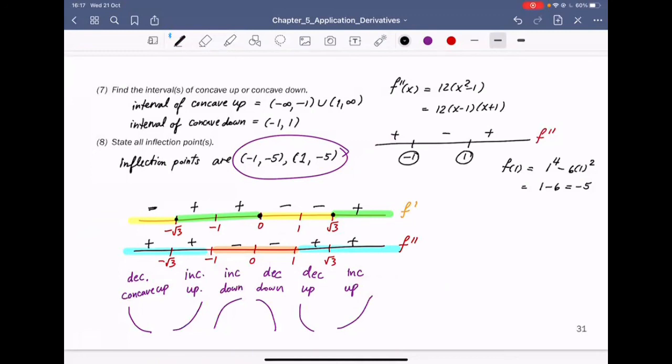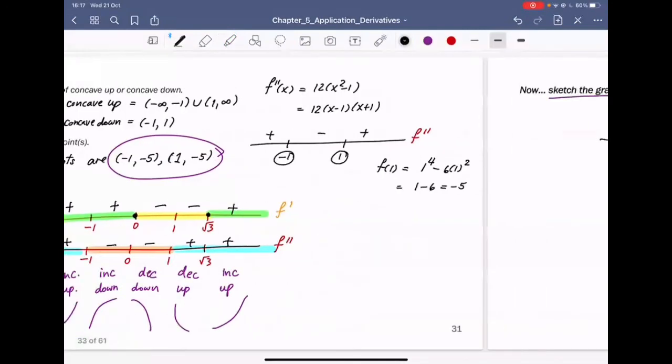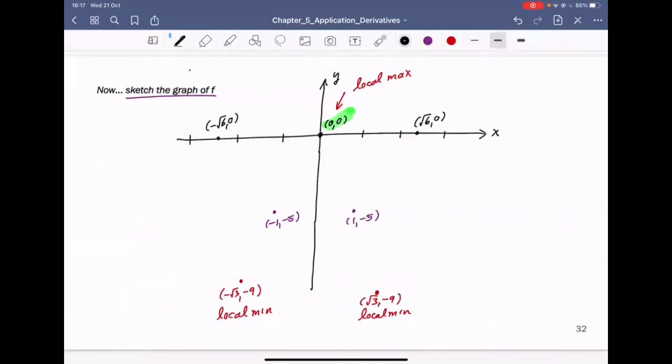First, from negative infinity to negative square root 3, the function is decreasing and concave up, so the graph is going to be like that. The one that I highlighted in green. Up to this point it must be like that all the way to this point, concave up but decreasing.